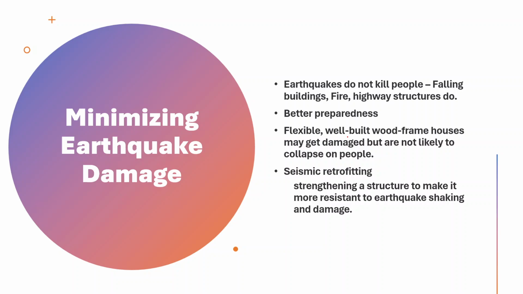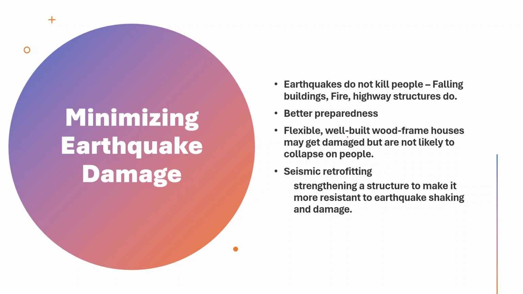This is very well done in Japan, because Japan is very much prone. Japan is in the subduction zone, so it is very much prone to earthquake. It is prone to volcanic eruption, tsunamis, all kinds of things the Japanese have to face, but still you don't see them struggling for a long period of time to recuperate. The reason is that they are better prepared. They build flexible, well-built wood frame houses.